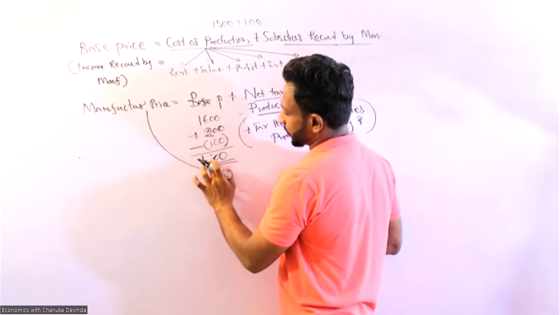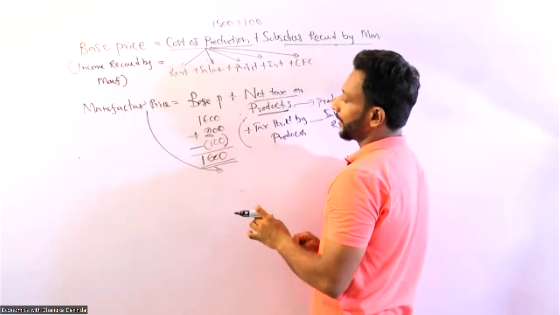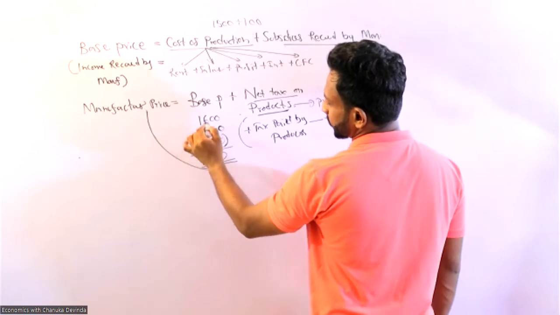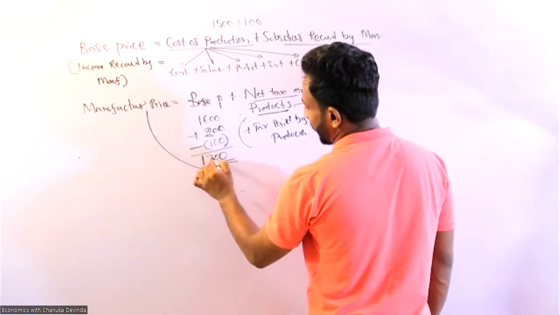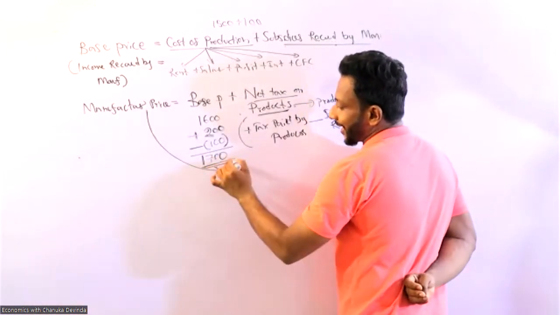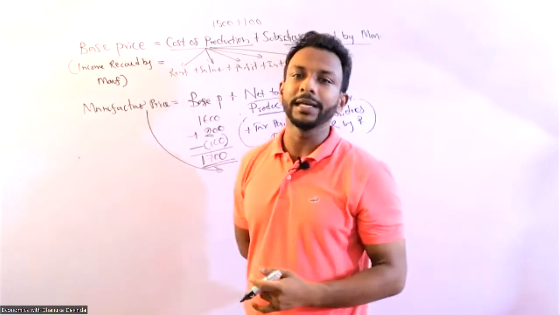1700, right? Because 1700 is the selling price of the manufacturer to the next intermediary party.